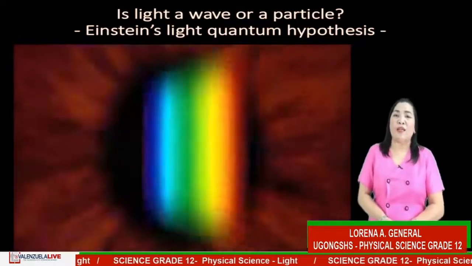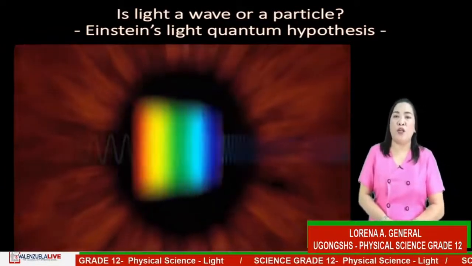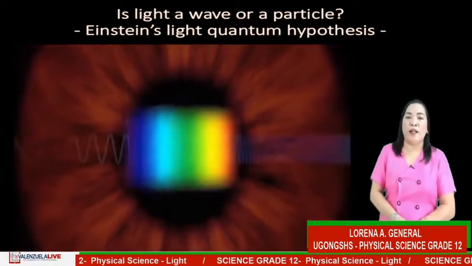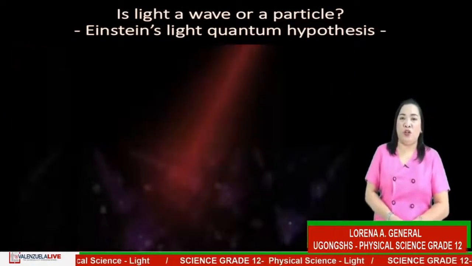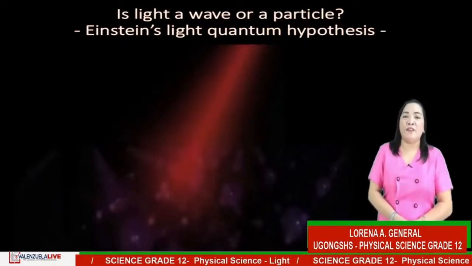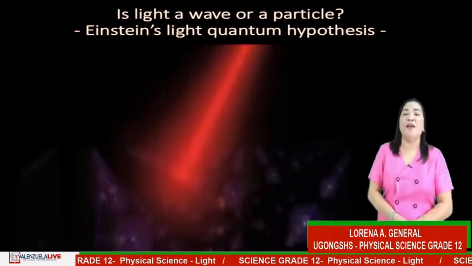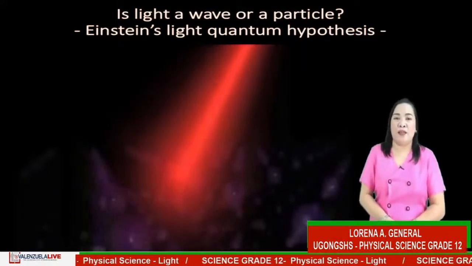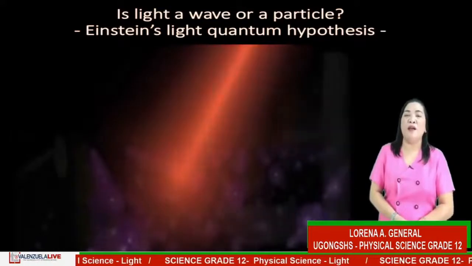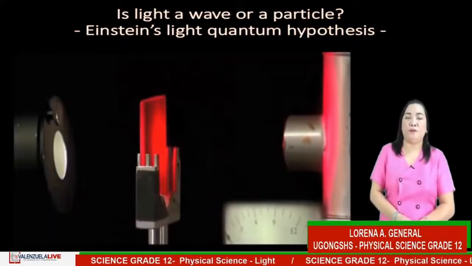Based on Einstein's quantum hypothesis, the duality of the photon was confirmed by quantum mechanical experiments. The photon is now regarded as a particle in fields related to the interaction of material with light that is absorbed and emitted, and regarded as a wave in regions relating to light propagation.